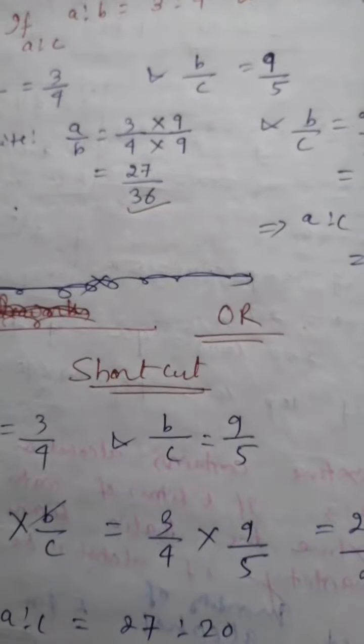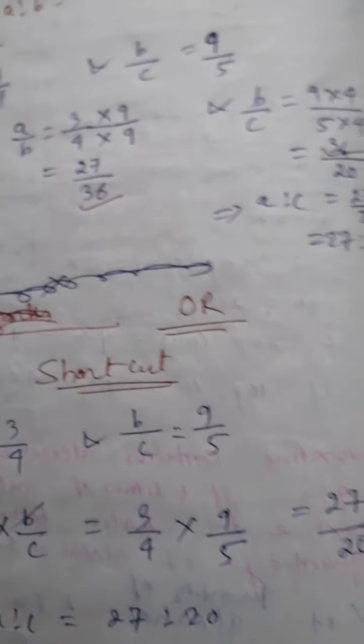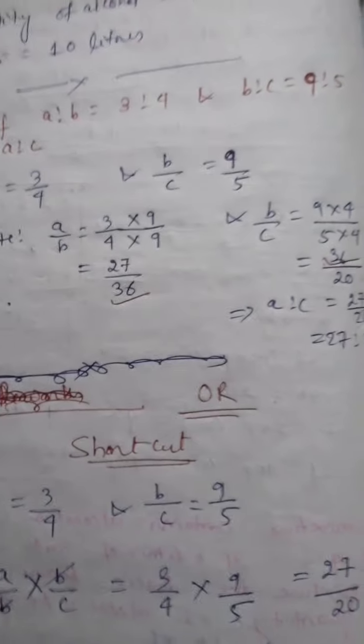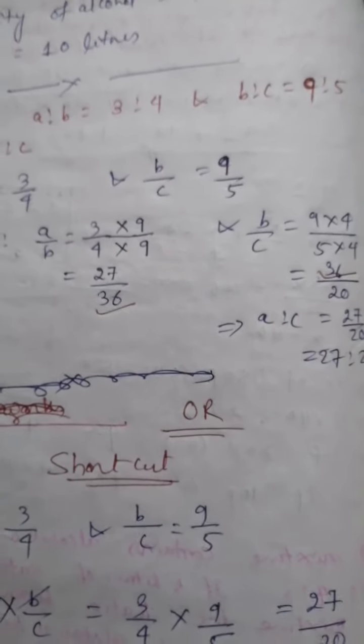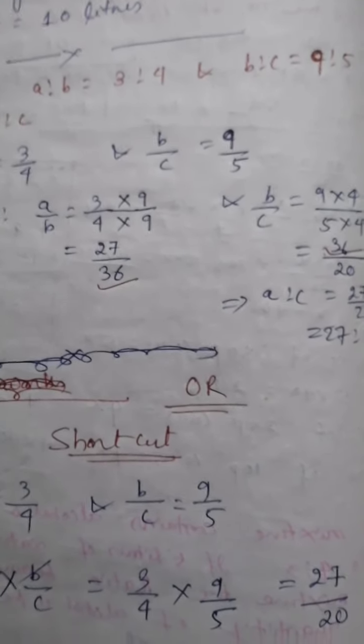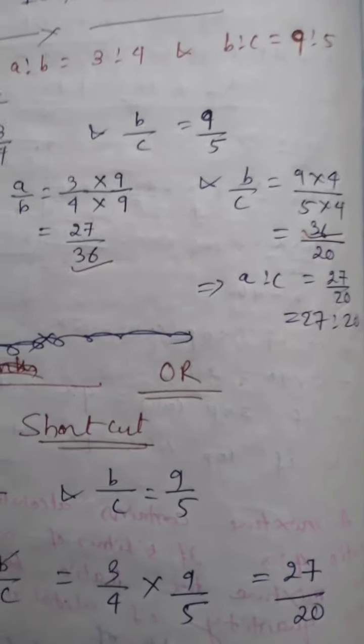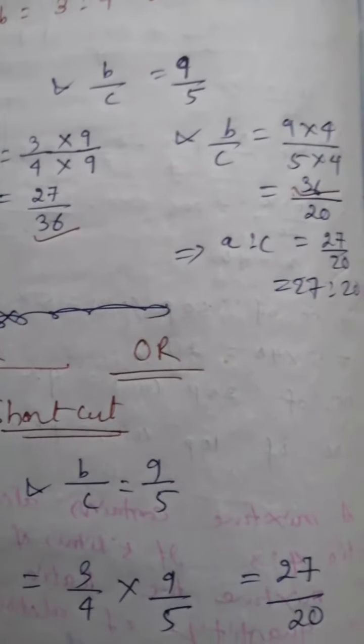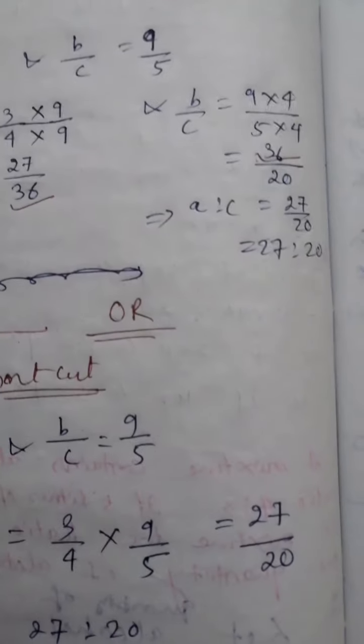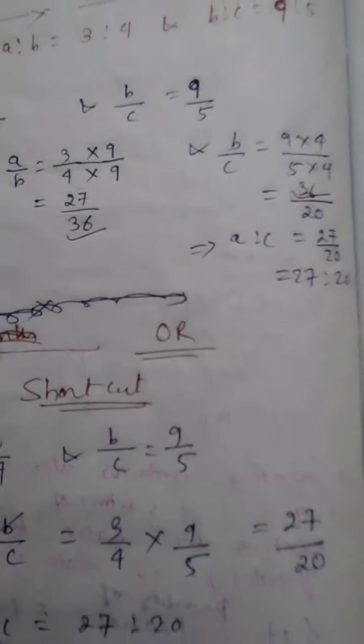In the first fraction I get the value 27/36, and in the second ratio I get 36/20. I have done this only to get the same value for B. So the value of B I have got is 36. Now I can find A is to C equal to 27/20, because this 36 is cancelled.